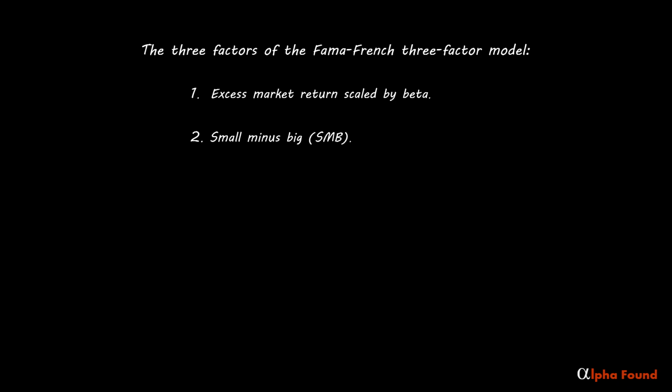Just as with the first factor, the sensitivity that a stock or portfolio has to SMB is scaled by its own beta. The third factor is a value factor as measured by book-to-market ratio, called HML, or high minus low. High book-to-market value minus low book-to-market value. This factor also gets scaled by its own beta.